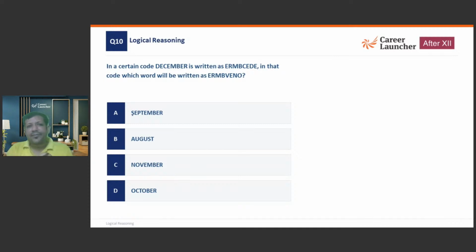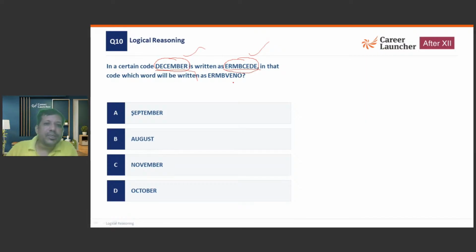So basically, if I look at December, what is going to happen to December? If you look at this, all the alphabets here are written here. Yes or no? Agreed?